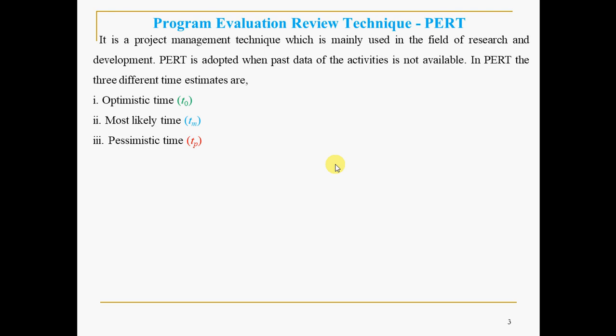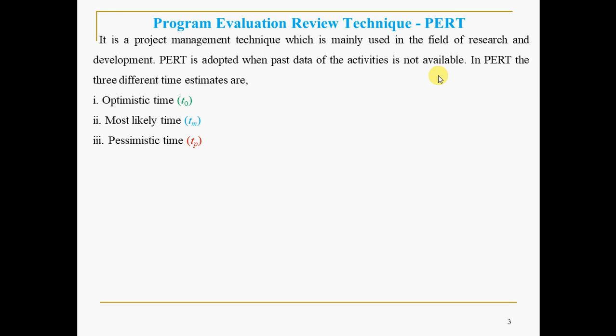It is mainly used in the field of R&D, that is research and development. It is adopted or used when the past data is not exactly available to us. Whereas, as I have told, CPM is a deterministic project management technique. I mean, the time estimates of CPM are deterministic in nature.